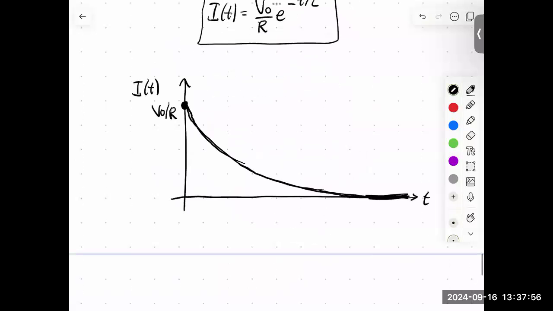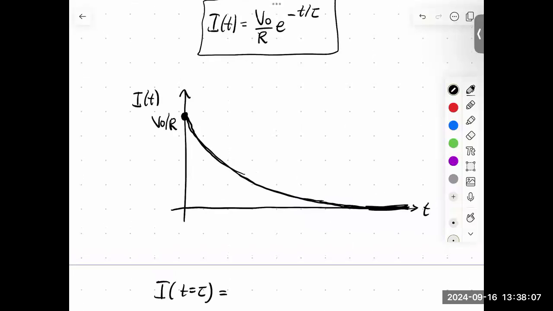Again, we could look at the current when t is equal to tau. We're going to get e to the minus 1 at that time. And so we get V naught divided by R times e to the minus 1. Again, e to the minus 1 is about a third. I guess it's a little bit bigger than a third.